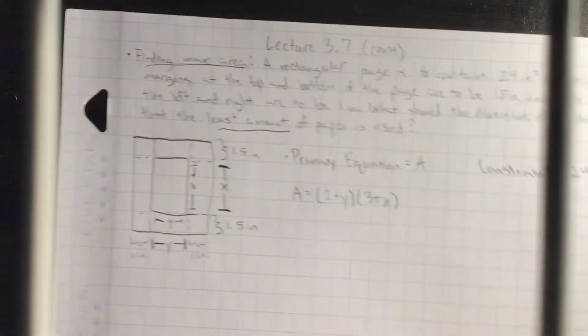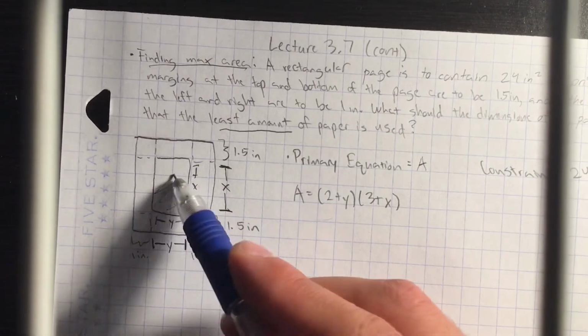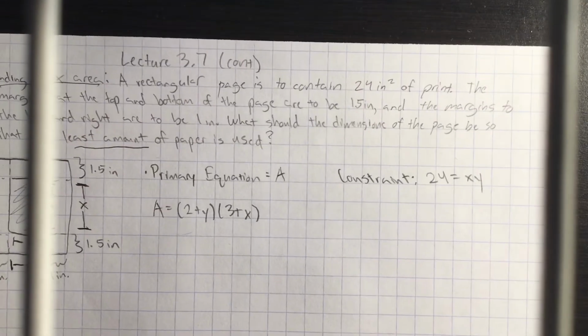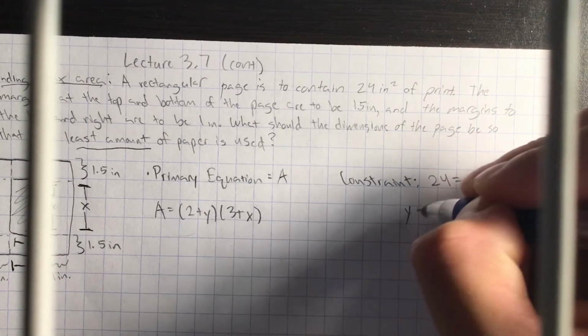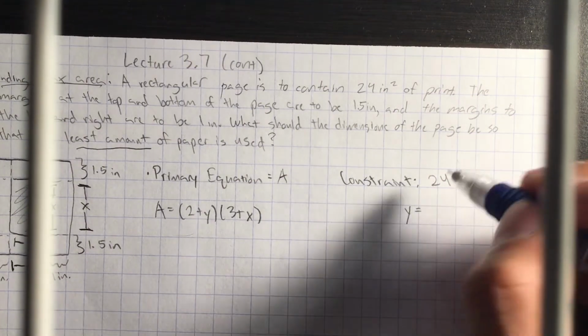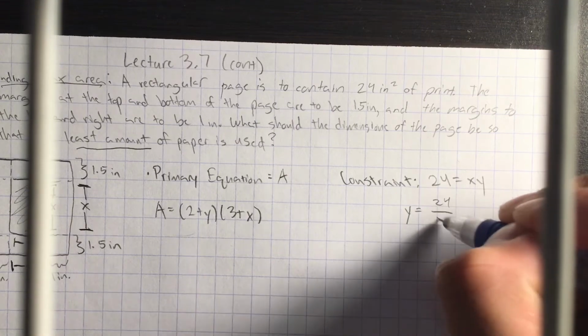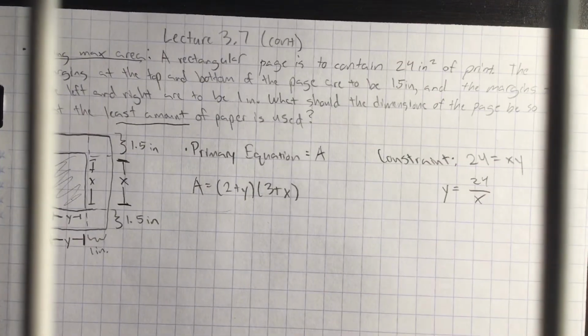So our constraint is basically everything in here. And we can isolate that variable, isolate the y by dividing, and y equals 24 over x.